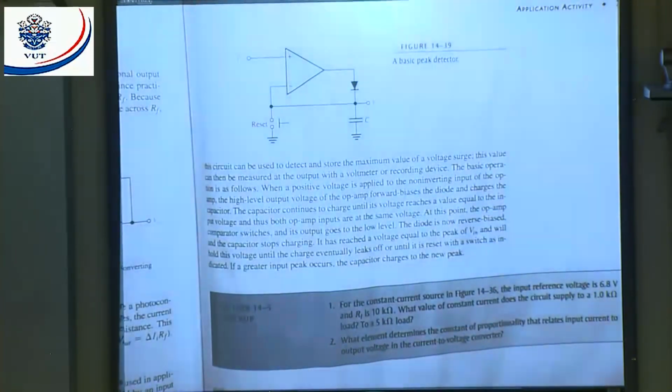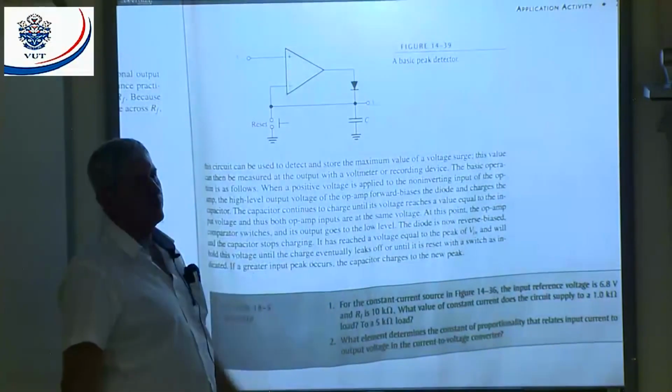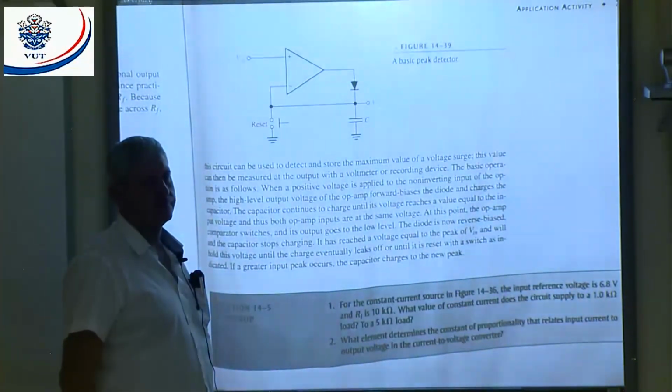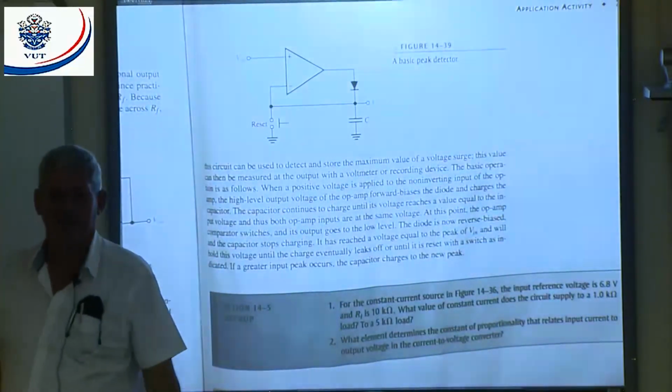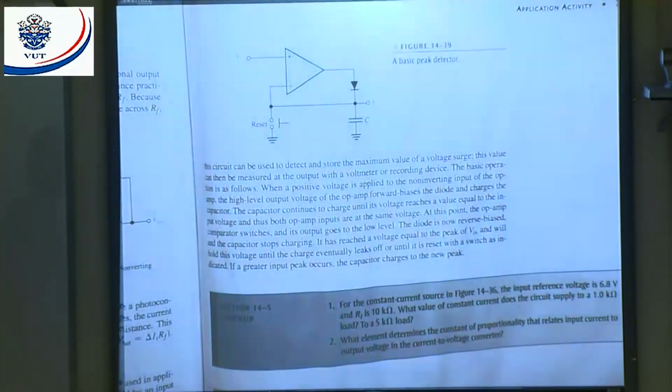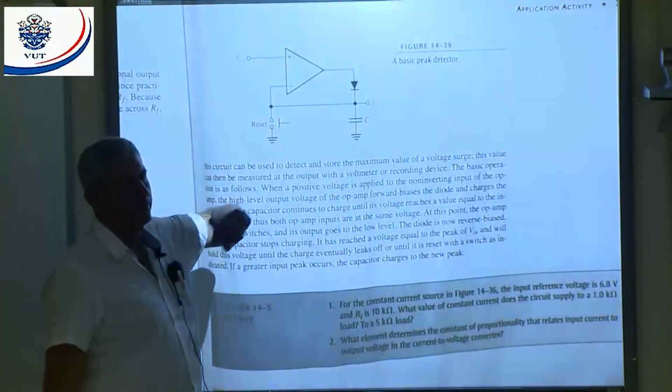Negative, will it work? Think a little bit, will it work? If I apply positive here, where will the output go? Negative, all right? Will the diode be forward biased or reverse biased? It will be reverse biased. When it's reverse biased, will it work? No. That means when I apply a negative, where will the output go?